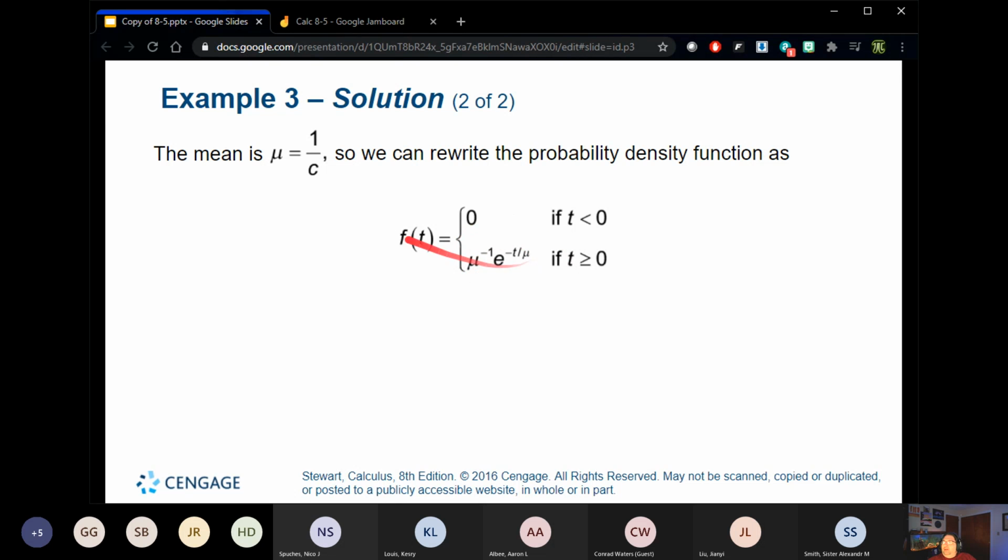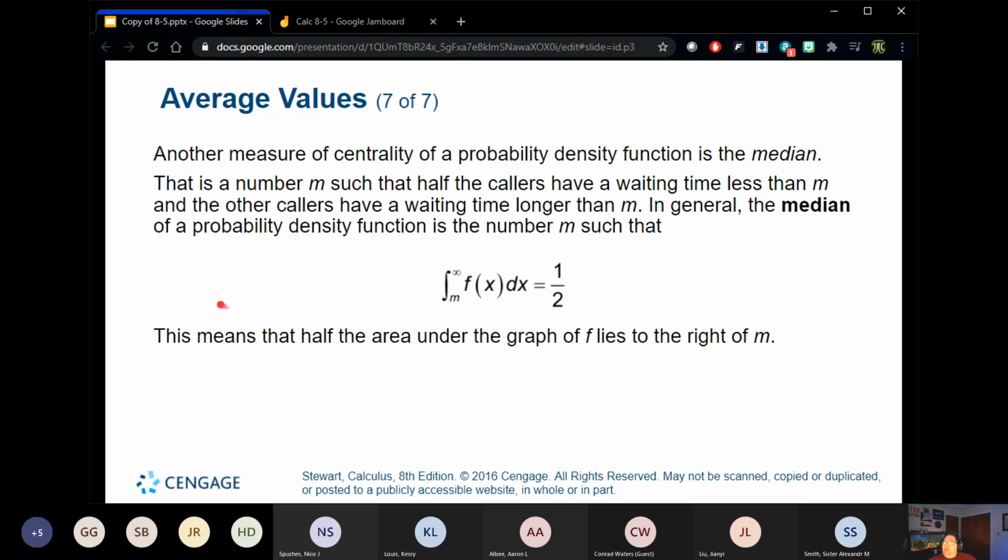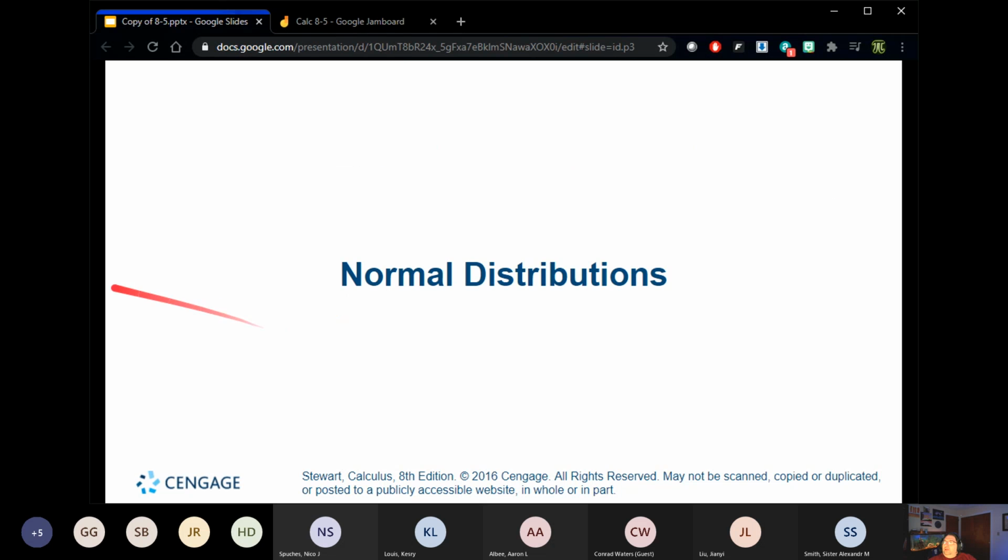I've got the mean in there. So it's 1 over the mean times e to the negative t over the mean. So I now have a better probability density function that'll allow me to find some values of information, which is what we're going to do now. Not in this slide, though.